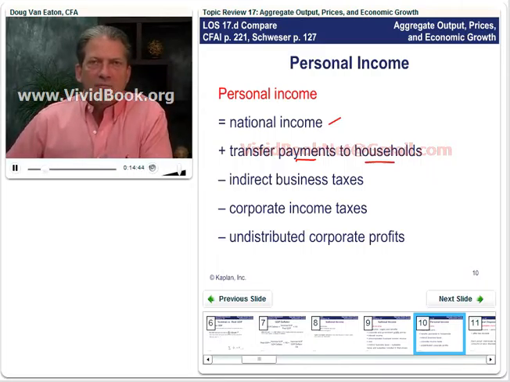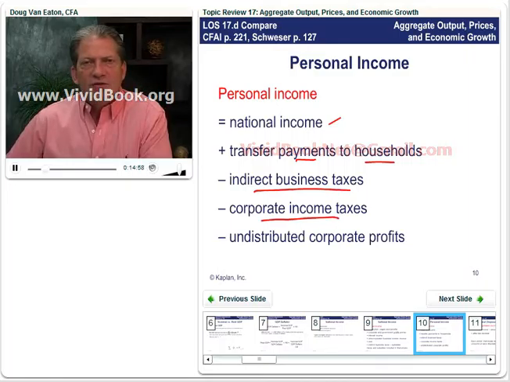personal income. But now we're going to subtract out these indirect business taxes because they don't go to individuals. We're going to subtract out corporate income taxes because they don't go to individuals either, and any undistributed corporate profits.